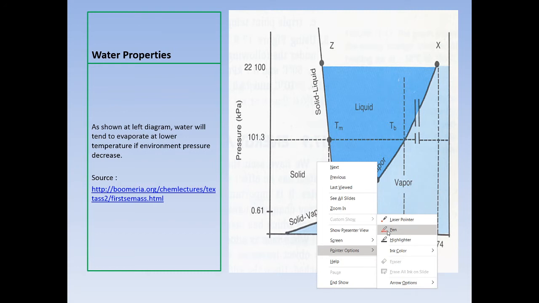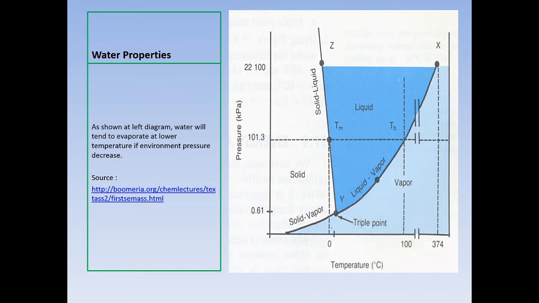Okay, here is the triple point. Here is the temperature. This is 1 bar, our environment's pressure. If the pressure is lower, and we take this line to this line, at a normal temperature of 27 Celsius degrees, the water will become vapor.